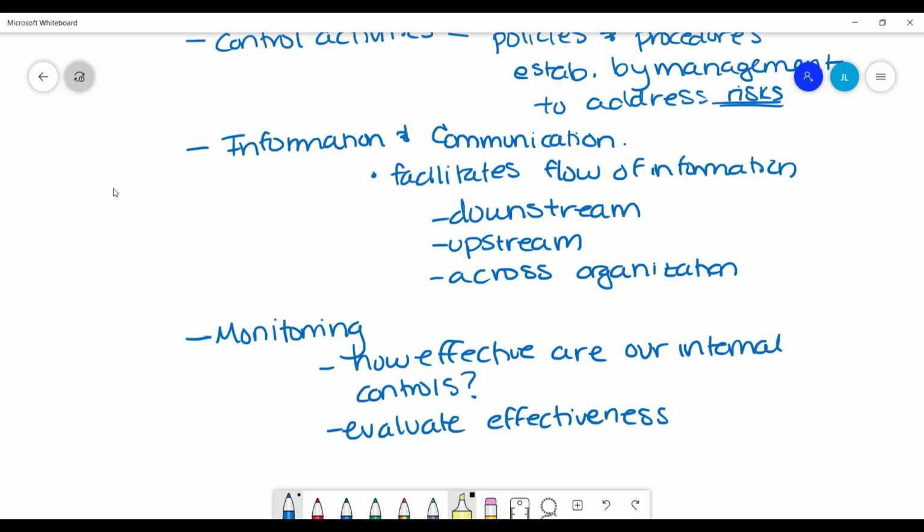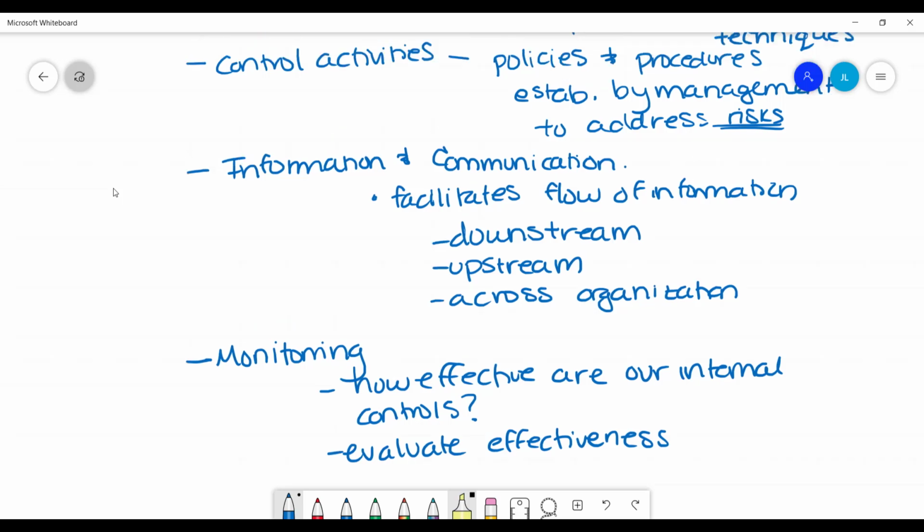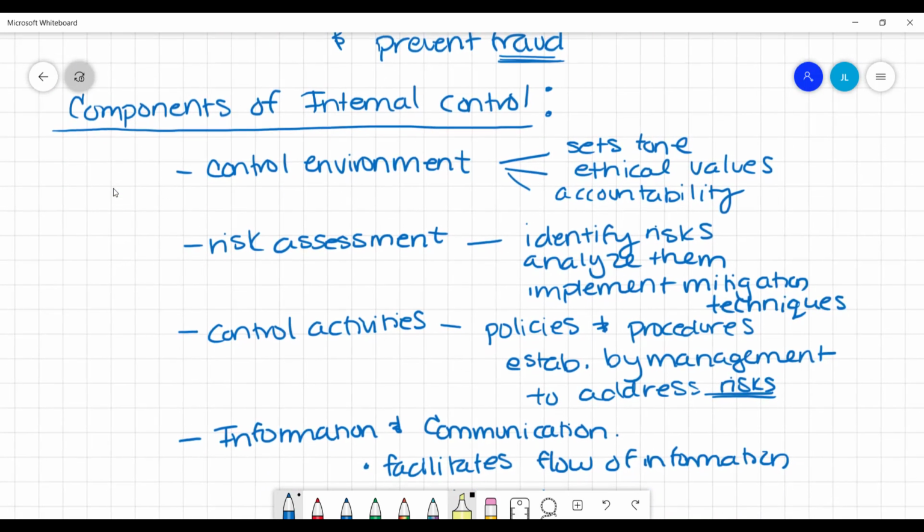And how is this done? This is basically just accomplished through ongoing management activities. Management actually making sure that they're doing their job properly, and supervisors making sure that these controls are being implemented properly. Okay, so that's the overall idea behind internal control and its different components.